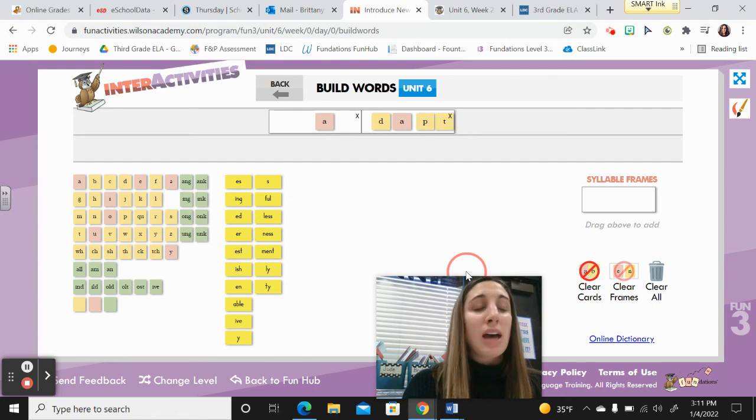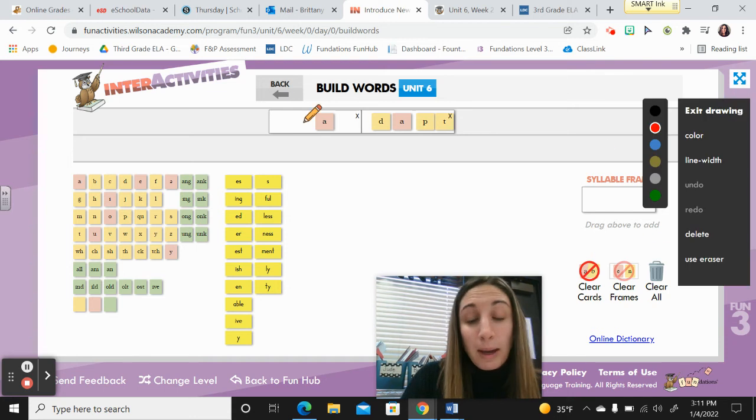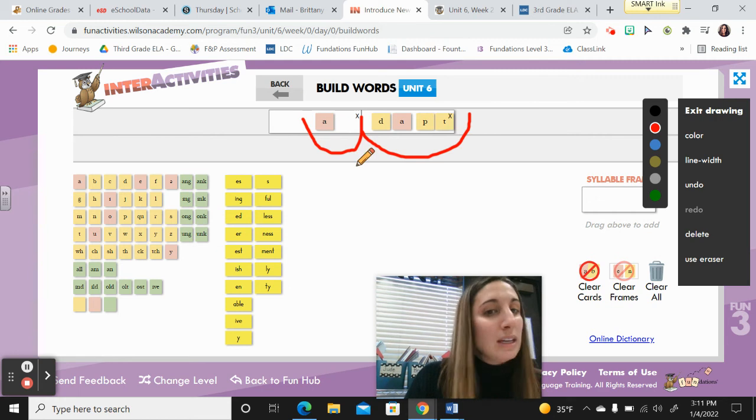So adapt means you have to change, right? Some animals have to adapt to wintertime so they can survive. If we were to mark this word real quick, hopefully you're getting better at marking words within Unit 6. Scoop the syllables, a dapt. By itself, you would think it's open, but it's an open syllable exception.